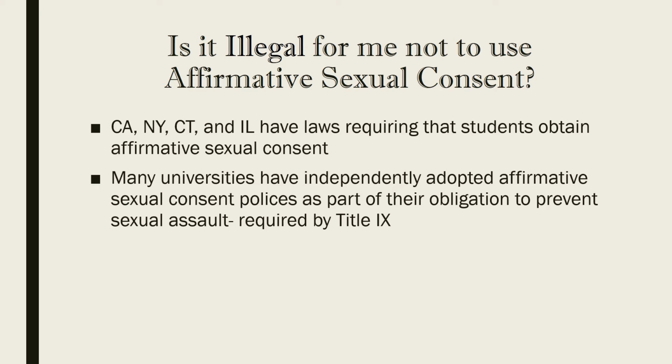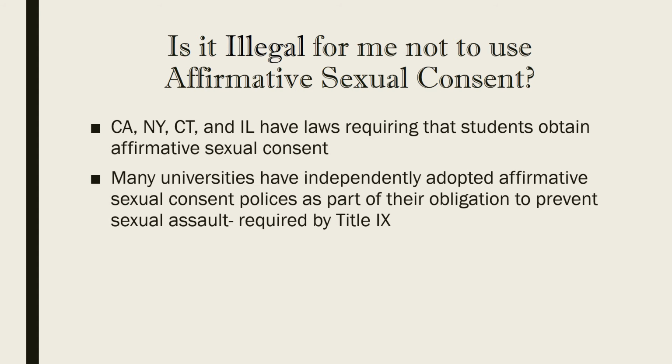Essentially, then, the goal of these policies is to help reduce instances of sexual assault on college campus. And it does this by giving students a clearly worded definition of consent, labeling what consent looks like and under what conditions consent cannot be given, and then requiring them to use affirmative sexual consent in every sexual activity that they engage in.